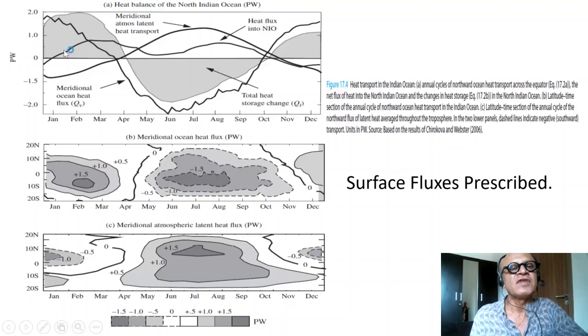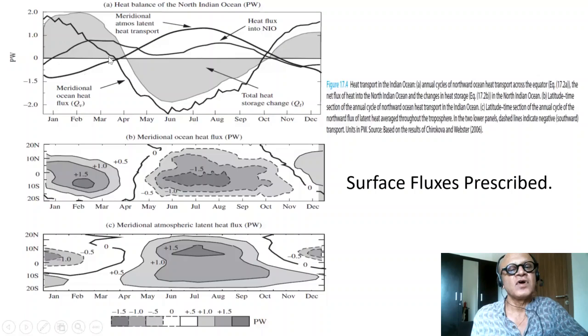So you have heat flux coming in, especially during MAM. There are weak winds, and the net heat flux doesn't quite go to zero. At the end of the year it turns a little negative, but throughout the year you have heat going into the ocean. The meridional atmospheric latent heat transport corresponds to the moisture transport, which is obviously related to the winds, the monsoonal circulation themselves to the north of the equator, and you can do the Ekman transports using Coriolis and so on.